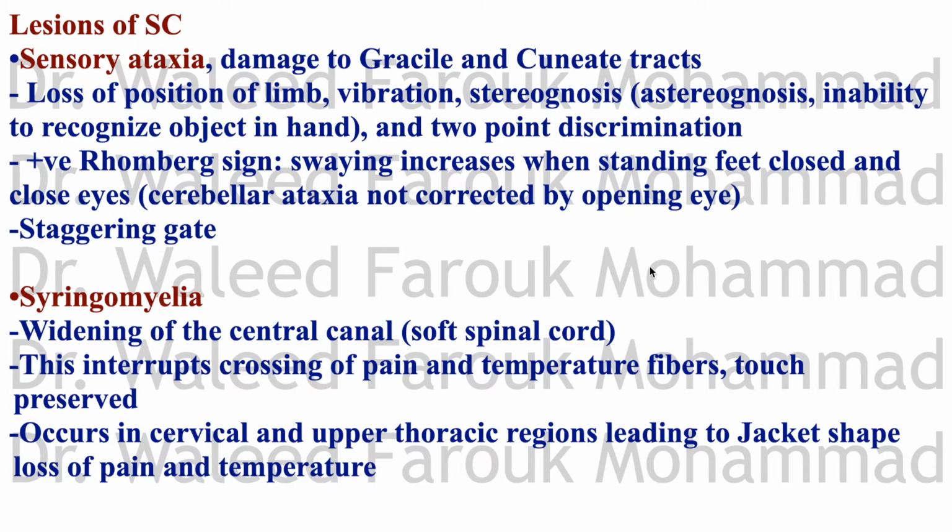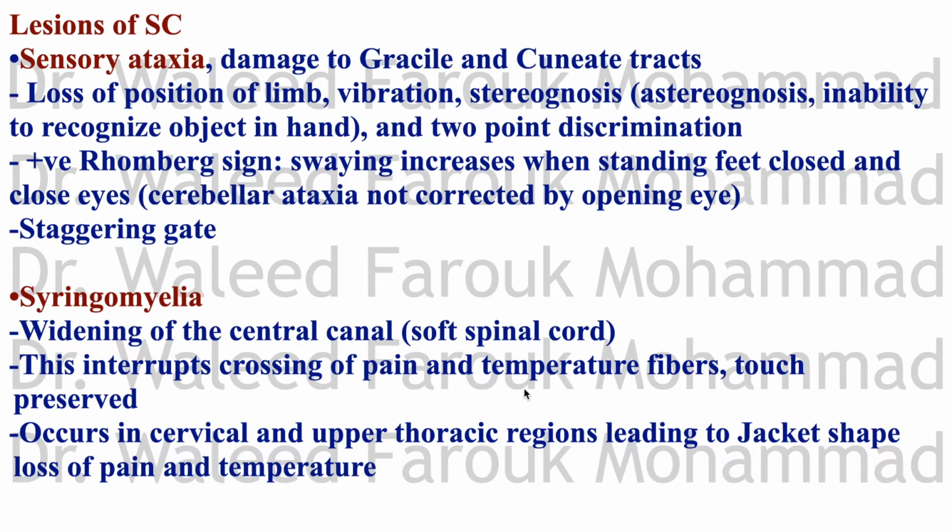Another lesion is syringomyelia. It's a widening affecting the central canal of the spinal cord. The spinal cord becomes soft, and this interrupts the fibers crossing either anterior or posterior, like the anterolateral spinothalamic, for example.